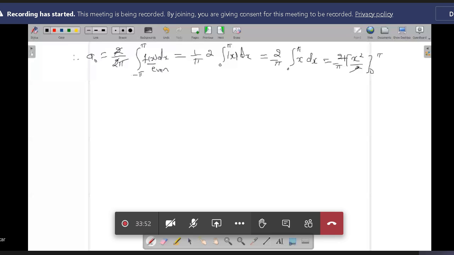So again I can cancel this 2. So therefore a naught is 1 by pi, upper limit is pi square, lower limit is 0. So we get a naught as pi.